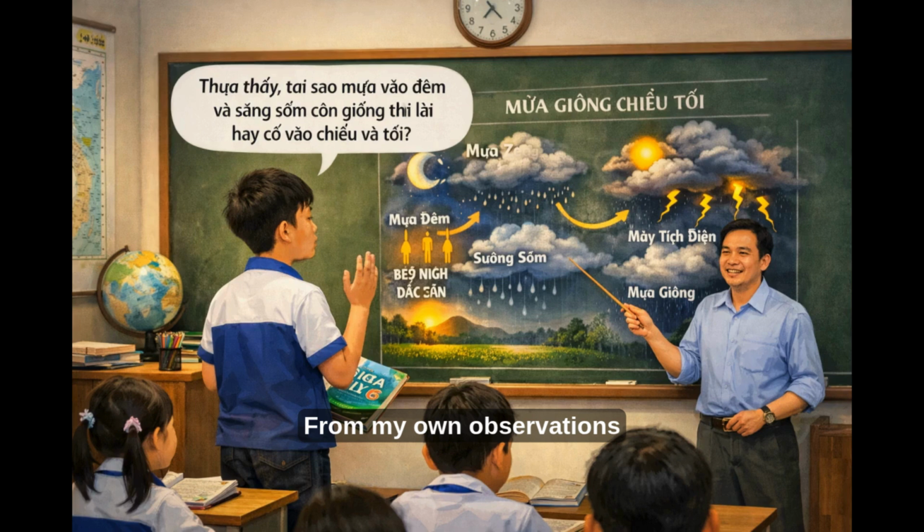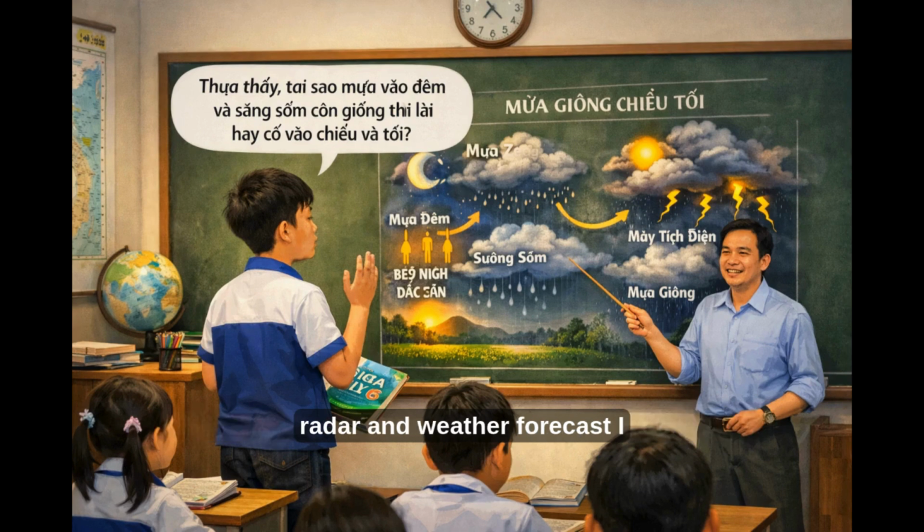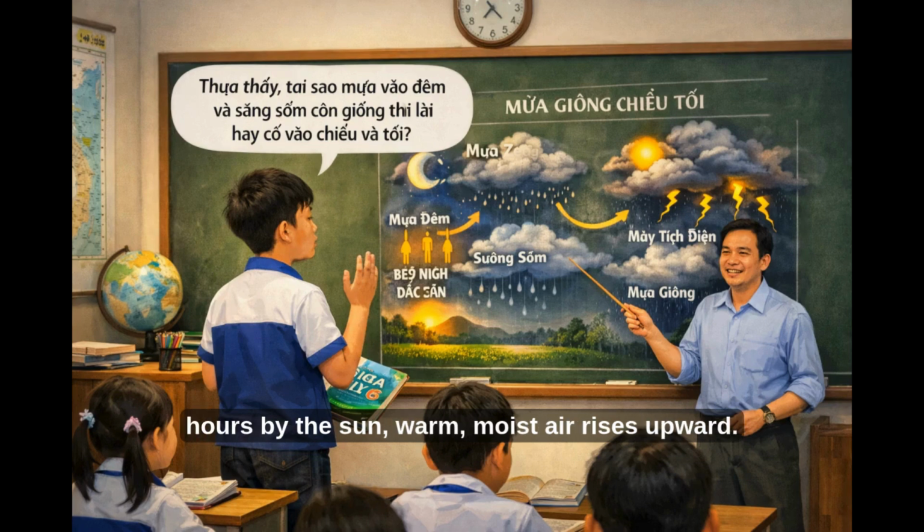From my own observation, after many days of studying satellite images, weather radar, and the weather forecast, I noticed a simple pattern. Afternoon thunderstorms often appear after the ground has been heated by the sun for many hours.